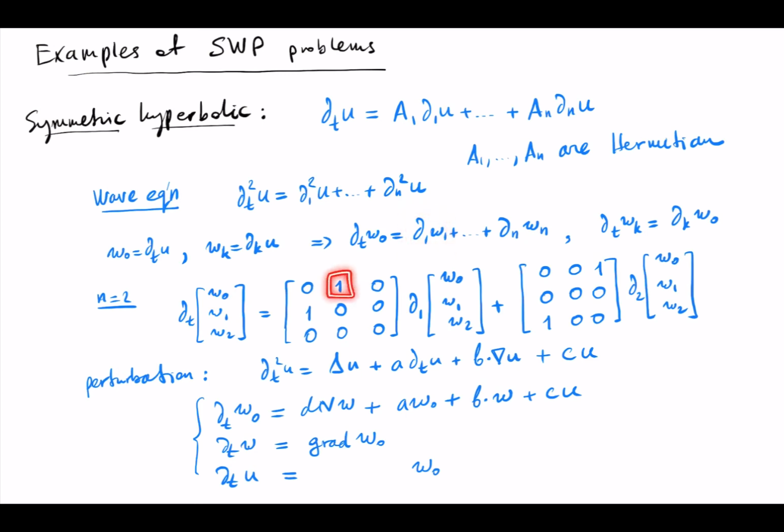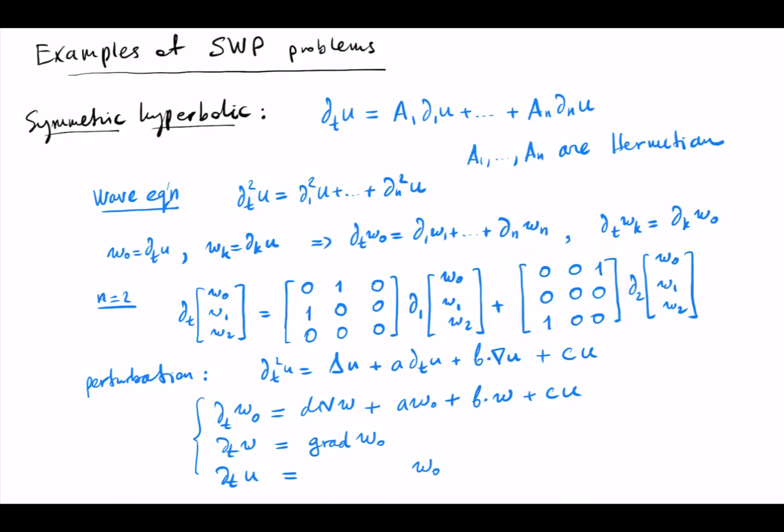So we have this matrix here, and then the x2 derivative of w2, so that we have this row. Now for w1, the time derivative of w1 is equal to the x1 derivative of w0. So the second row will have only a non-zero entry here, and the third row will have only a non-zero entry here. And as we can see, this matrix is symmetric, so it's symmetric hyperbolic.